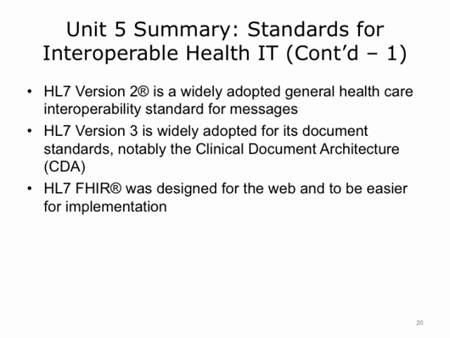HL7 version 2 is a widely adopted general healthcare interoperability standard for messages. HL7 version 3 is widely adopted for its document standards, notably the Clinical Document Architecture, CCDA. HL7 FHIR was designed for the web and to be easier for implementation.